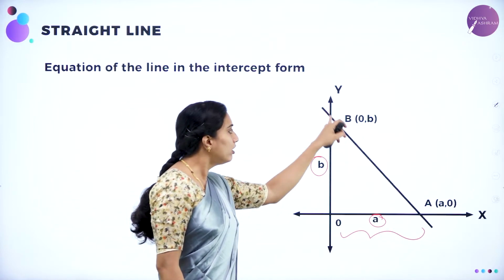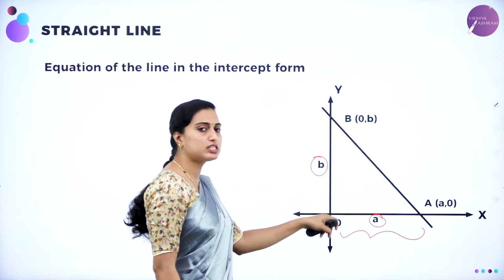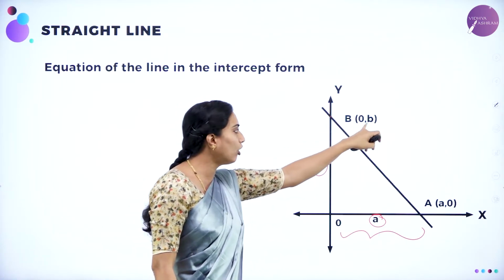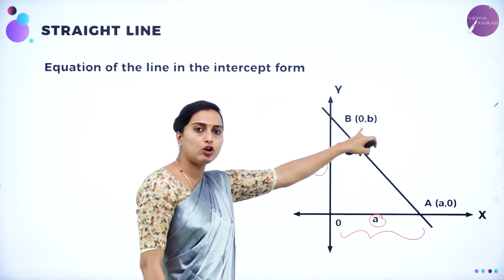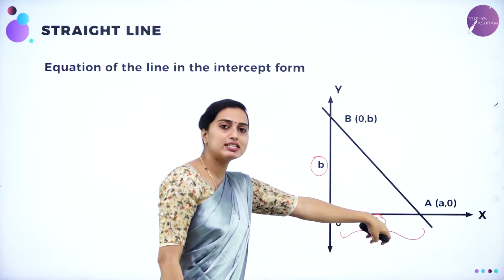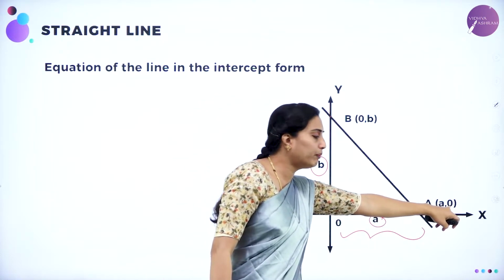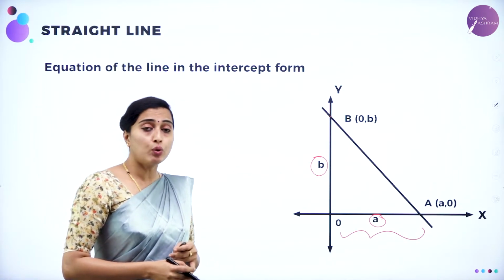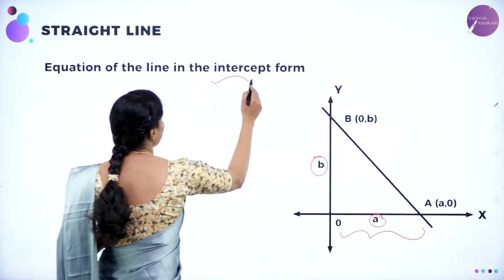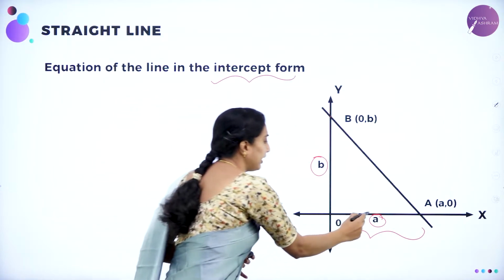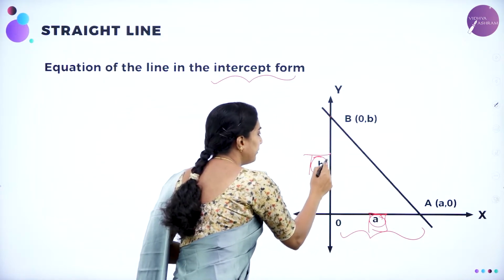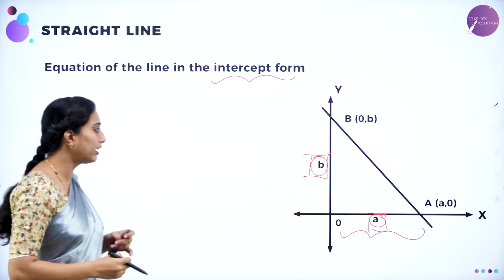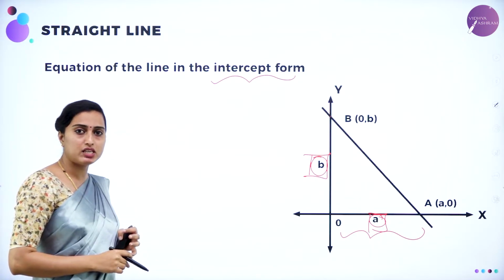If the line is cutting the y-axis, the x coordinate will be 0 and the y coordinate is b, so that point is B (0, b). On the x-axis it is cutting a units and the y coordinate will be 0, therefore it is A (a, 0). In the intercept form, x-intercept is a and y-intercept is b. So the formula is given by x by a plus y by b is equal to 1.